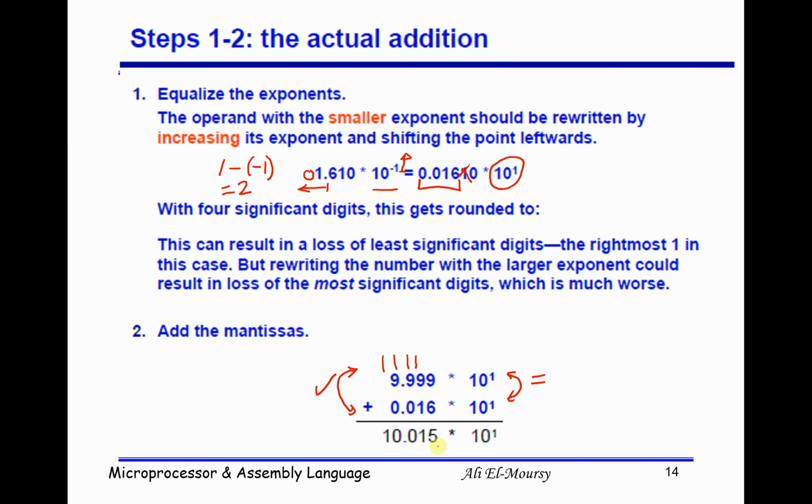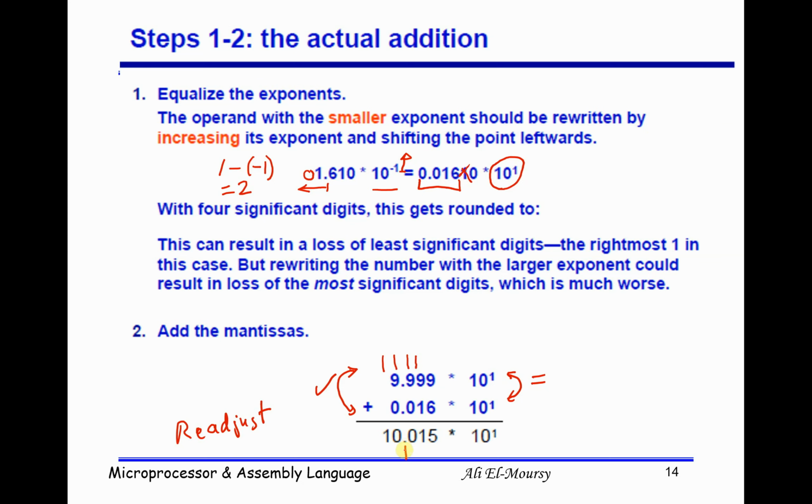Now since we have to store the result as normalized, the result cannot be stored as it is. I have to readjust or normalize the result. Normalizing the result means shifting the decimal point one place.